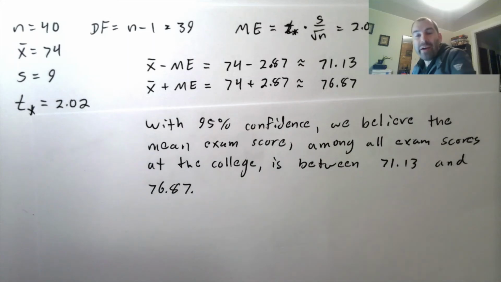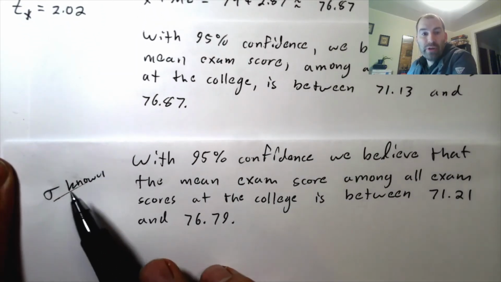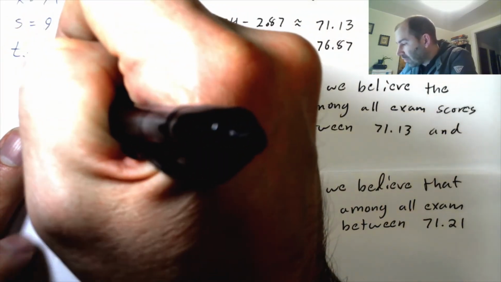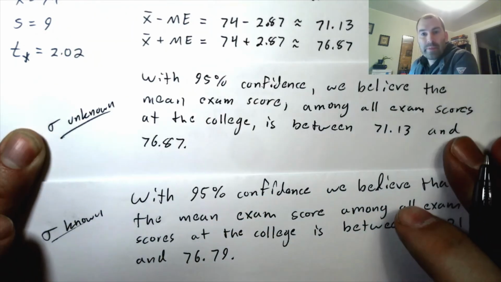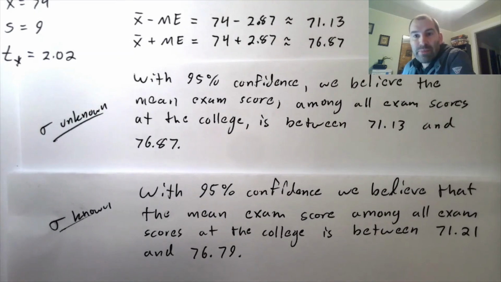Now let's compare this to the result that we had before. The result that we had before when sigma was known was this. What we did here was the case where sigma is unknown. Which confidence interval is bigger?